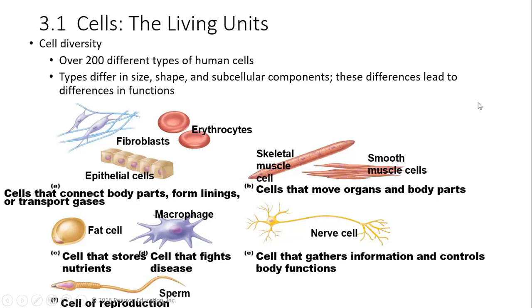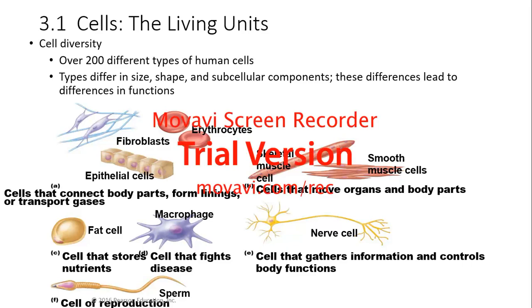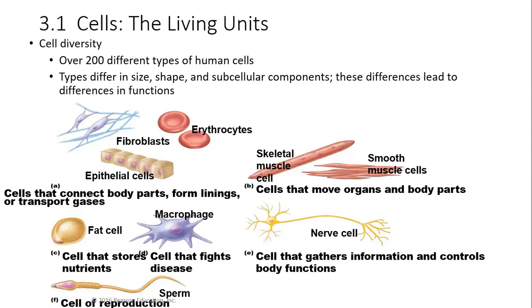So this is showing you that there is a lot of diversity when it comes to cells, okay? All right, there are over 200 different types of human cells, and a lot of diversity. Like the erythrocyte is a blood cell, and red blood cells essentially are just bags of hemoglobin, okay?